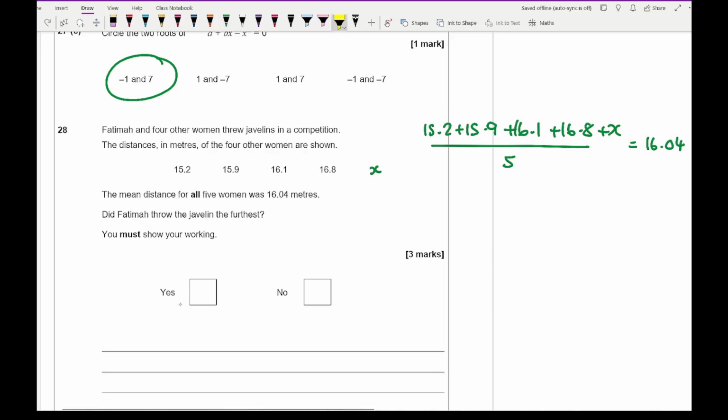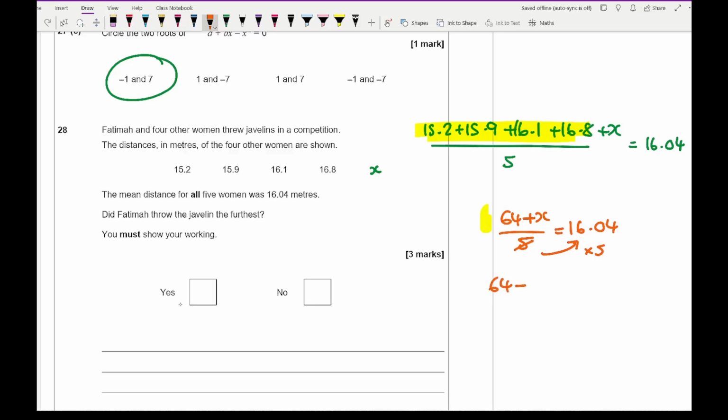Well, if I neaten all of this and just add them all up, 15.2 plus 15.9 plus 16.1 plus 16.8, we get 64. So 64 plus x over 5 equals 16.04. I take the 5 over by multiplying by 5. So I get 5 times 16.04, which is 80.2.